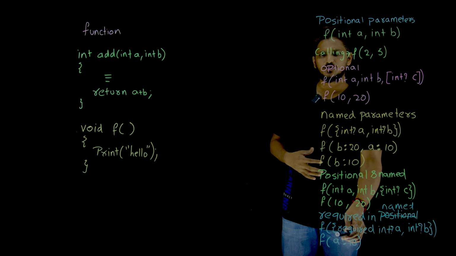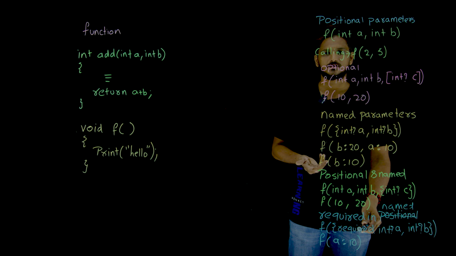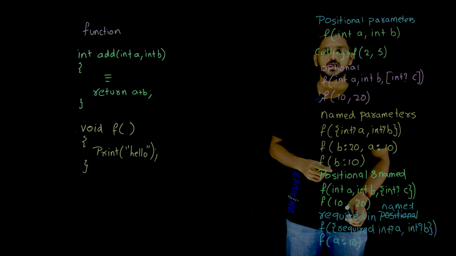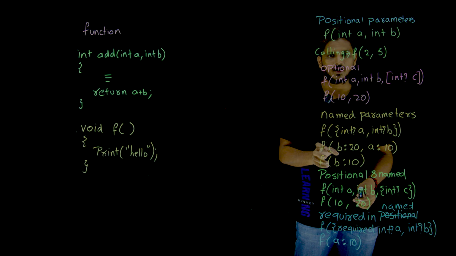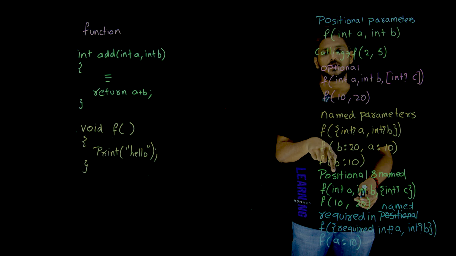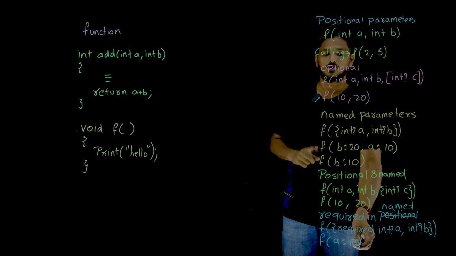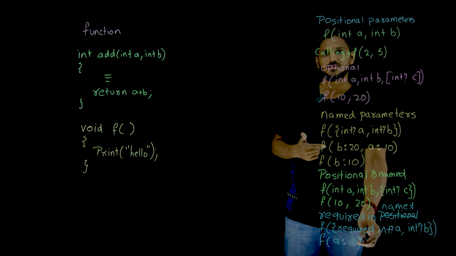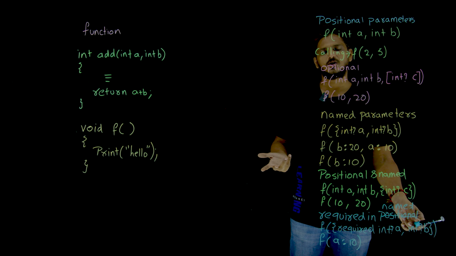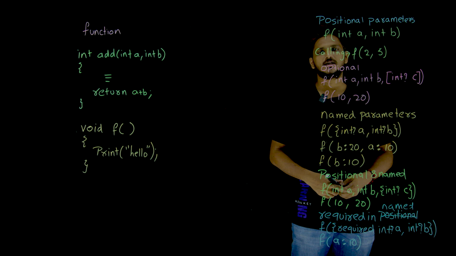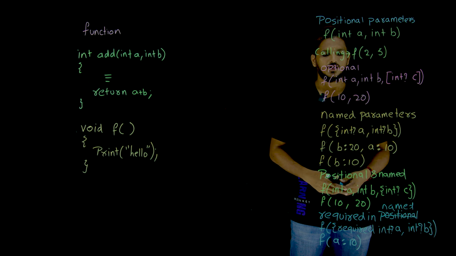When you are calling a function, you may or may not pass them. But if you mention it as f({required int a, int b}), then a is a required parameter and you have to pass it. f(a: 10): you have to pass it, otherwise it will show an error. You did not mention b, it's okay, no problem, because it is optional. By default, it is going to take a null value.